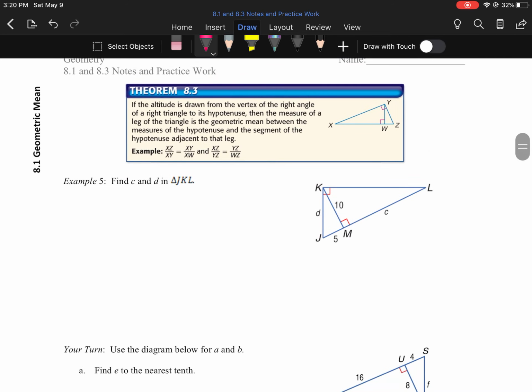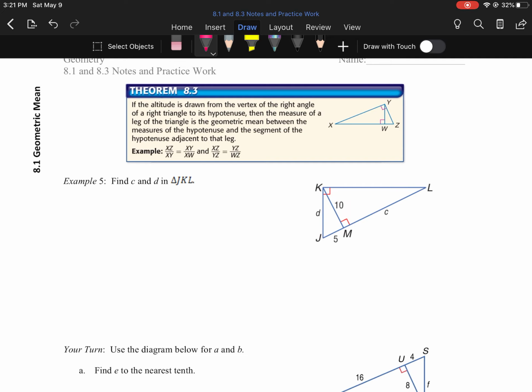It says if the altitude is drawn from the vertex of the right angle to the hypotenuse, so that y to w there, then the measure of the length of a leg is the geometric mean between the measures of the hypotenuse and the segment of the hypotenuse adjacent to that leg. So let me erase that and let's take a look at what this says.